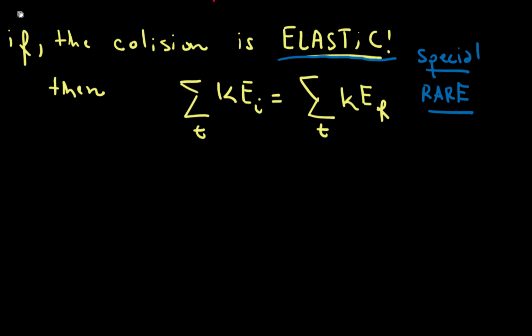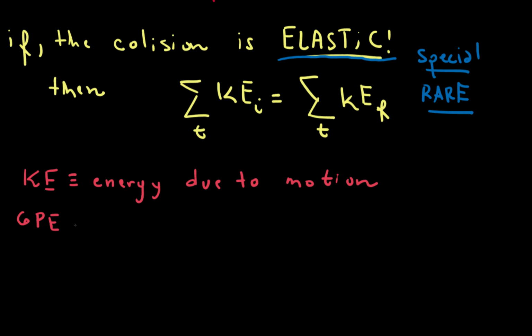So let's come up with a couple of examples of kinds of energy we're going to see in this class. Kinetic energy is the energy due to motion. And then soon we're going to see something called gravitational potential energy.